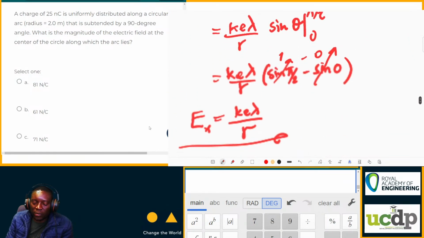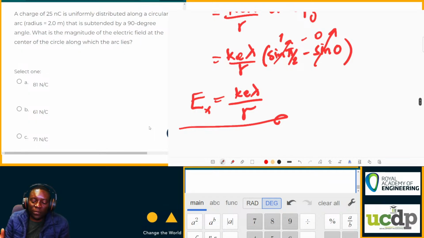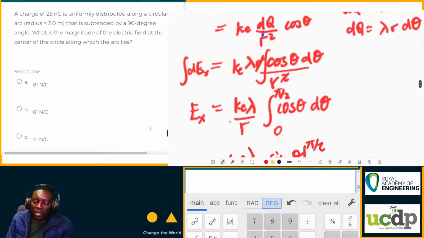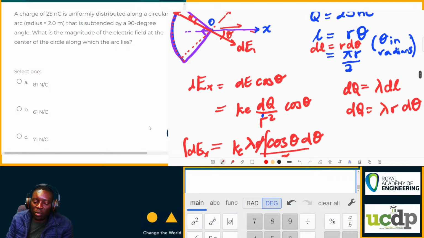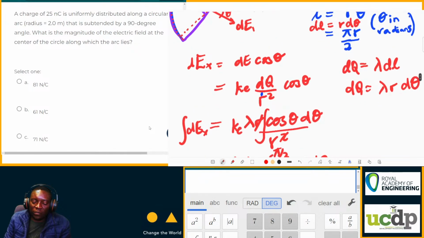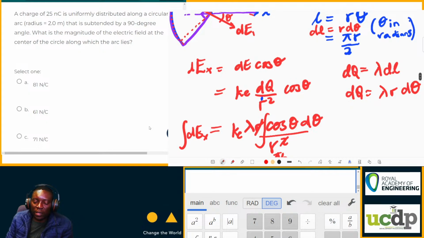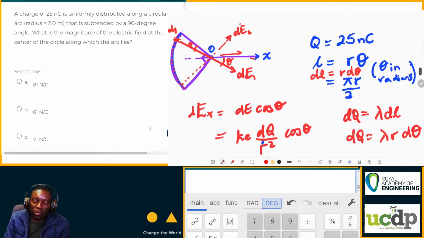So I just didn't want to give you the formula. If you are not interested in the derivation and where it comes from, it's still okay. You should at least know what formula applies where. But it is also very important that you know that for a continuous distribution of charge, what we have to do is express the variable dq in terms of the varying quantity within the distribution itself. So in this case, it can't be with respect to r or with respect to x, because x is at this point equidistant from the distribution itself.